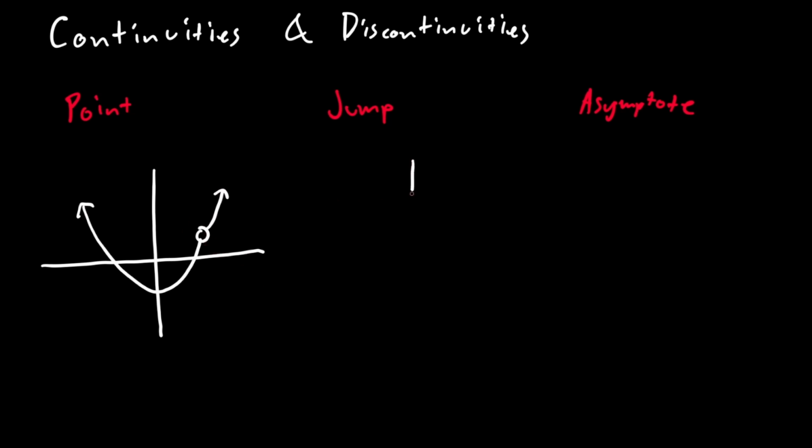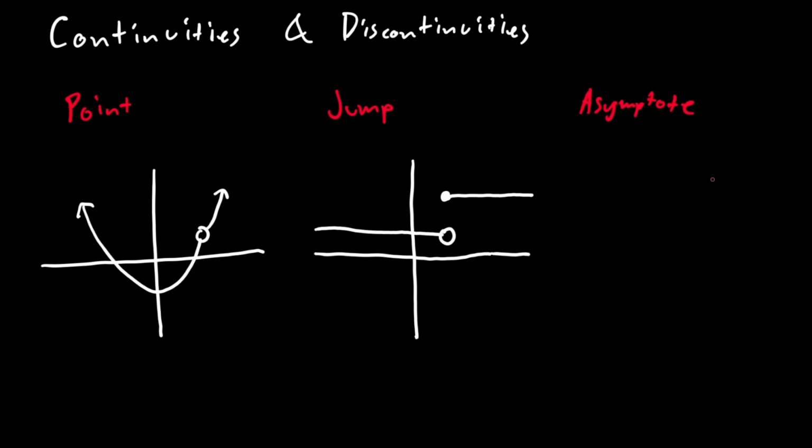And for jump, it's as if someone just removed a piece of the function and brought it either up or down. So for example, let's say the function were horizontal, and then once it reaches this point, it stops, and then it continues off higher up.